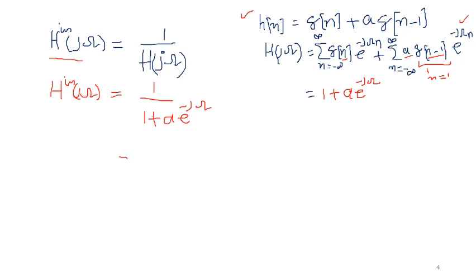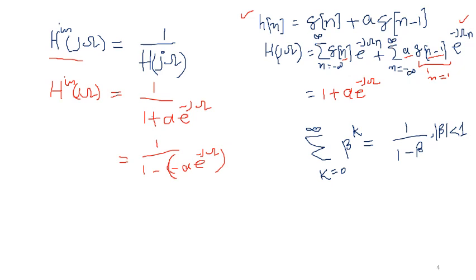And this we can also write as 1 over 1 minus, and if I write minus a here, e power minus j omega. So using the summation formula, if you recall, if you have some summation like this, using this equation, we can find the inverse Fourier of this, right?